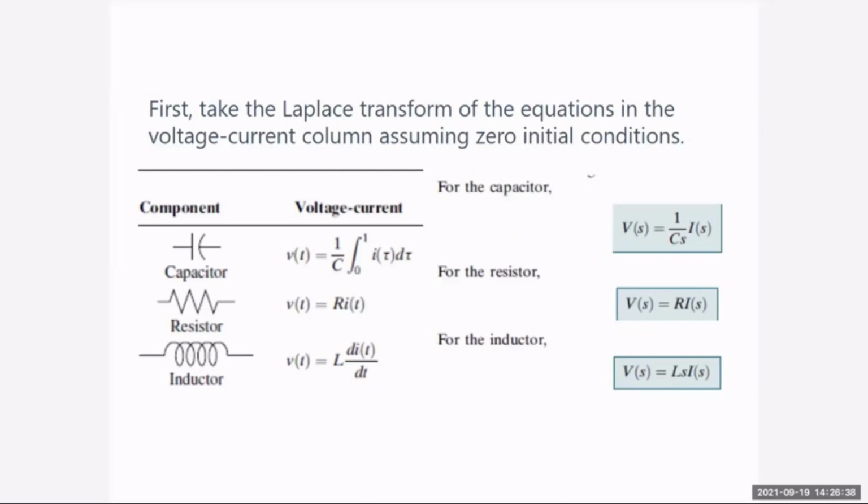For the capacitor, V(s) is equal to 1 over Cs multiplied by I(s). For the resistor, V(s) is equal to R I(s), which is just equivalent using Ohm's law. Likewise, for the inductor, the voltage V(s) is Ls multiplied by I(s).